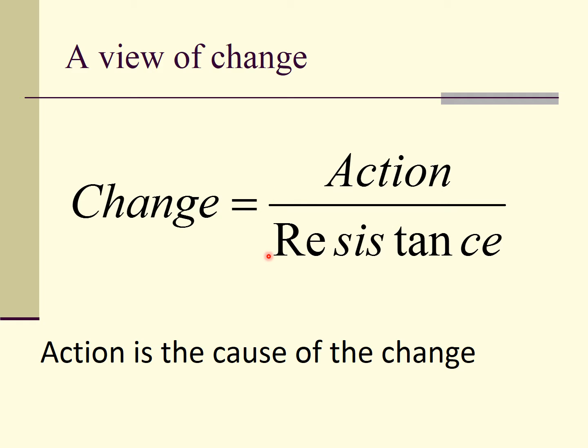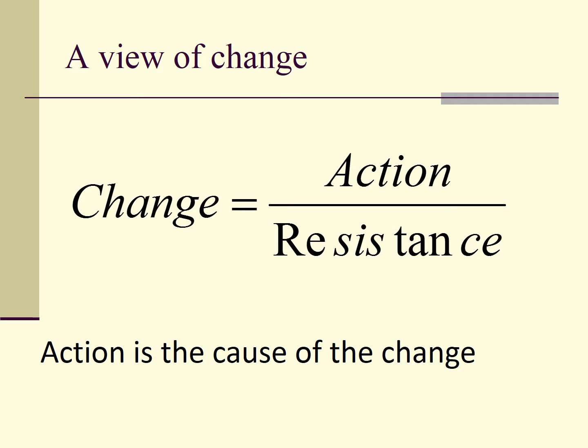Similarly, the amount of change can be decreased by having a larger resistance, or increased by having a smaller resistance. The ratio of action to resistance tells you how large the change is going to be. The action, which is a somewhat old-fashioned word in a physics context but is still used, is the cause of the change.